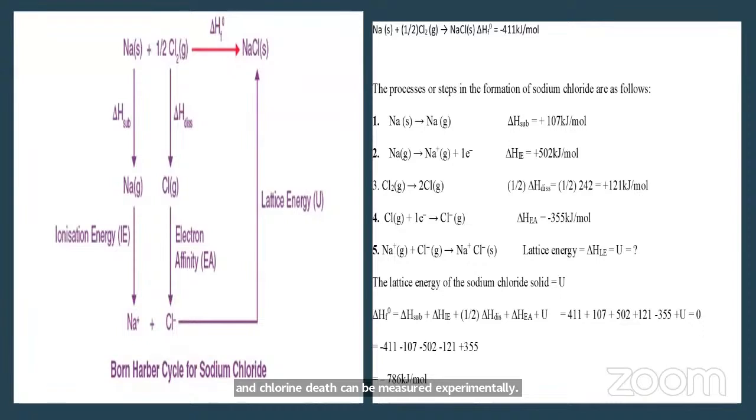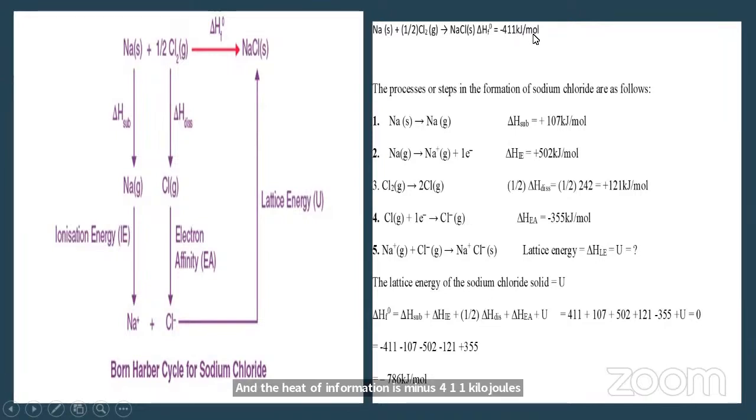What this means is this: the heat of formation here, that is solid sodium combining with chlorine gas, will give you your solid sodium chloride. And the heat of formation is minus 411 kilojoule per mole.